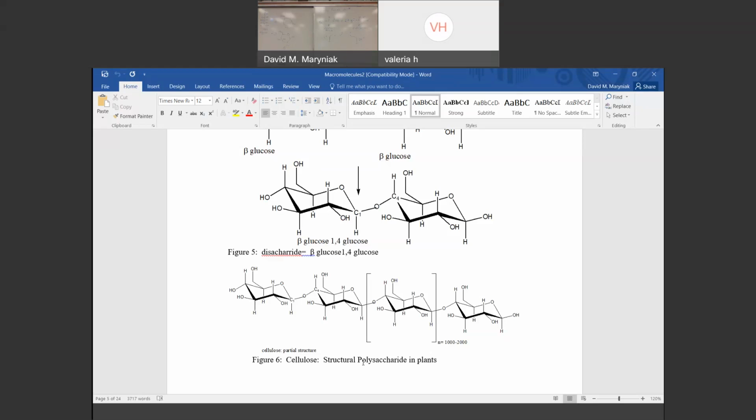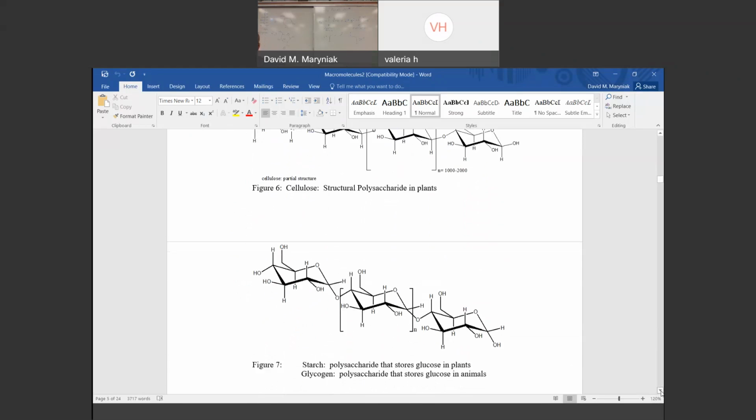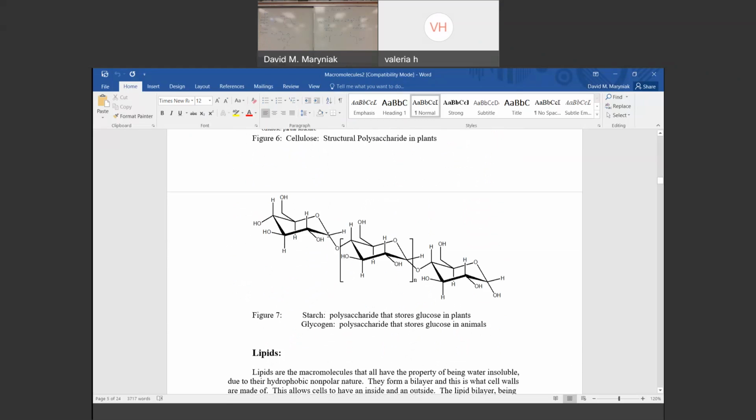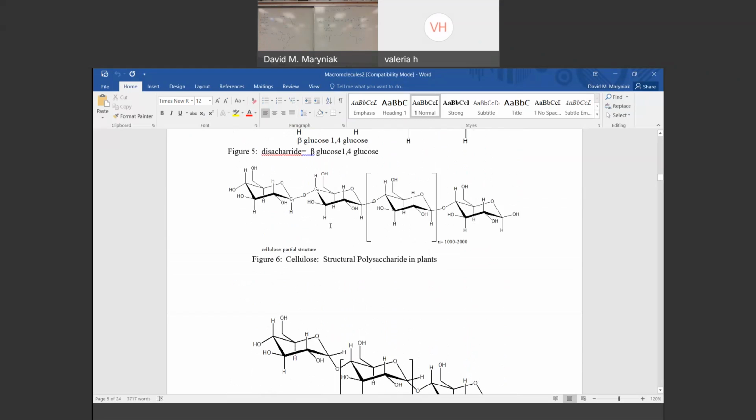Starch. And what's the reason that we're able to digest starches? Is because in starch, the connection from one sugar to the next is always alpha. Why can't we digest wood or cellulose or cotton?